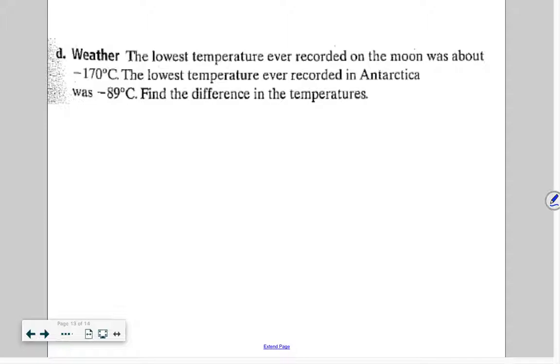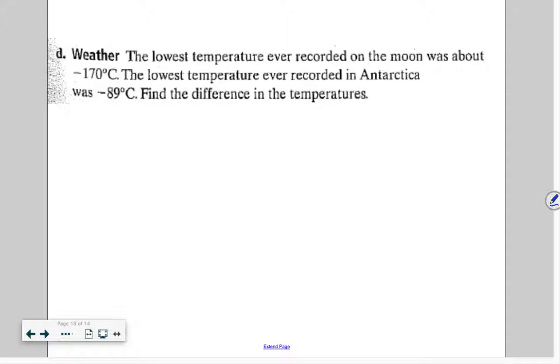Last one. The lowest temperature ever recorded on the moon was about a negative 170 degrees Celsius. The lowest temperature ever recorded in Antarctica was a negative 89 degrees Celsius. Find the difference in the temperatures. What are we going to do? What is our expression?